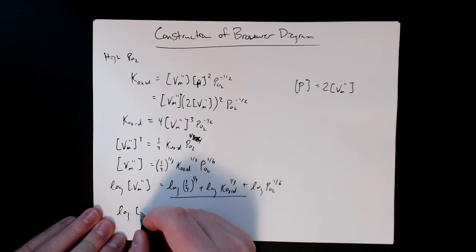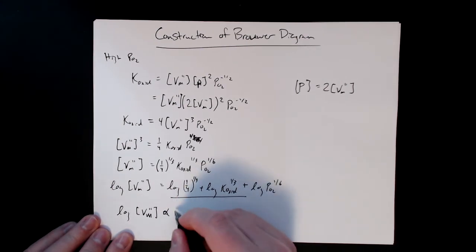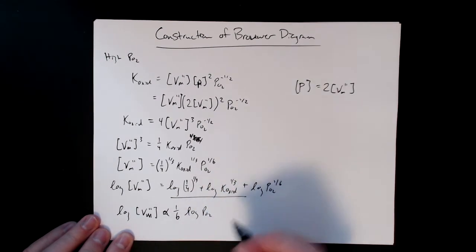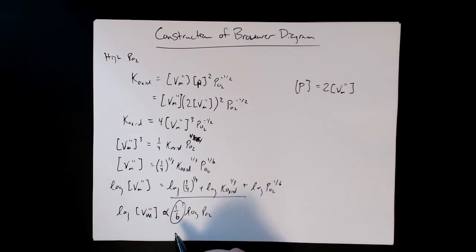we see that the log of the metal vacancy concentration is proportional to 1/6 the log of PO2. And so the positive 1/6 is the slope here for the metal vacancy concentration.